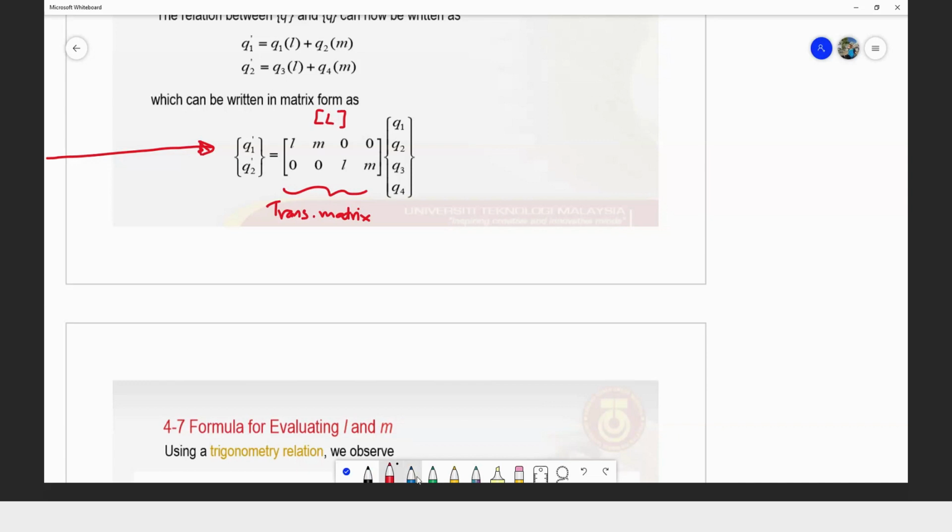And we can further simplify these equations by calling it Q prime equal to matrix L, which is the transformation matrix, multiplied by our displacement in the global coordinate system. But what is L? L is this whole thing.